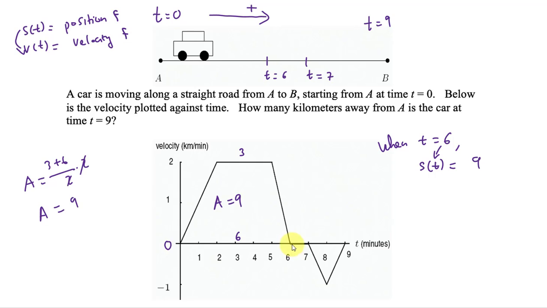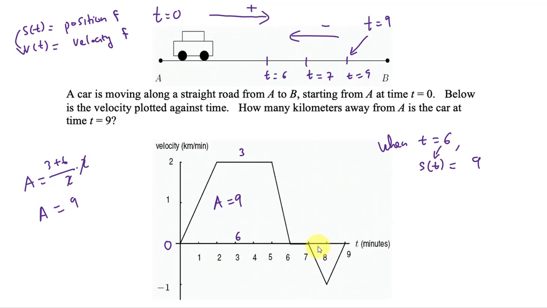And then the car stops from 6 to 7, and from 7 to 9, we see that the velocity has a negative value. And negative velocity means from t equals 7 to 9, maybe here, the car just moves backward in the other direction, this way, because the velocity is negative.